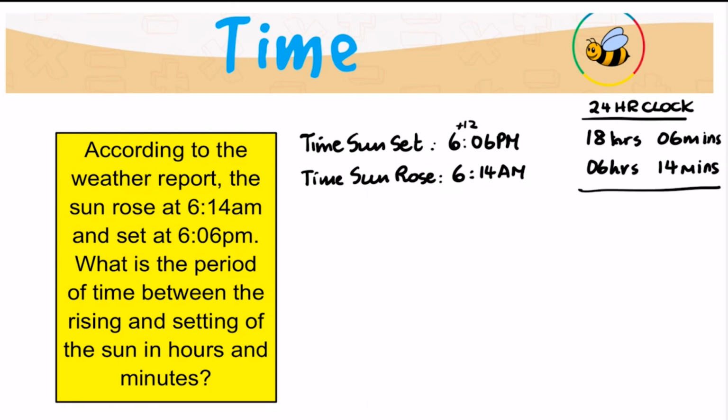So the amount of time in between is the challenge now. Now, 6 minutes minus 14 minutes, you've got to borrow an hour. So if you borrow an hour, you're left with 17 hours.